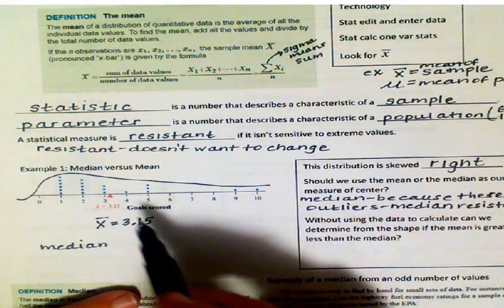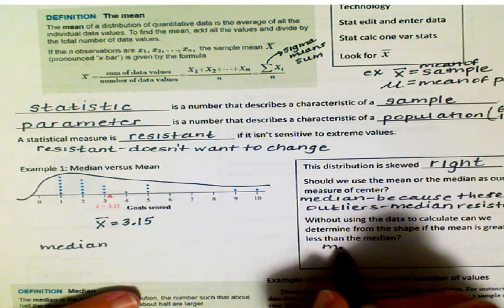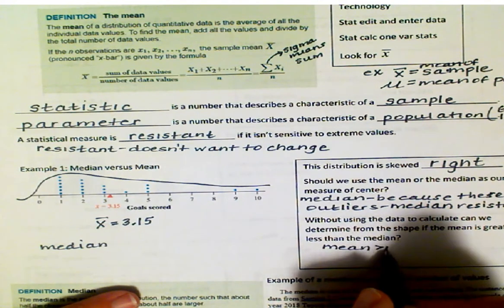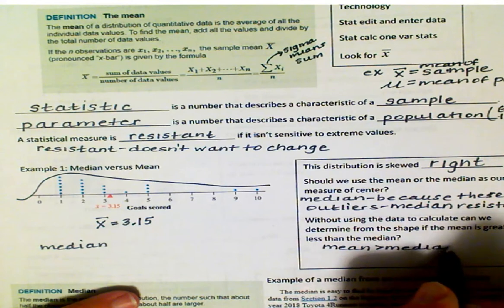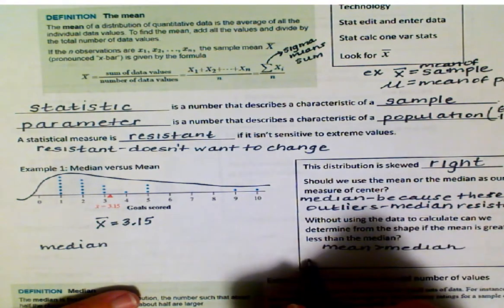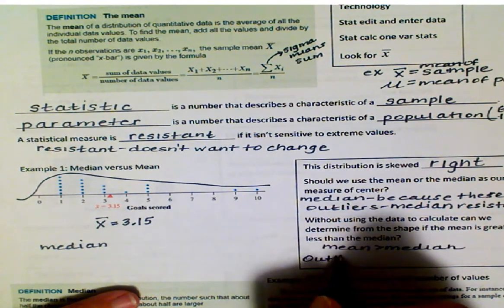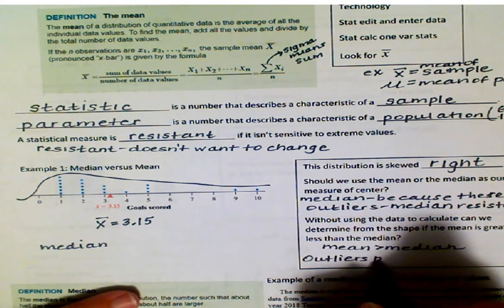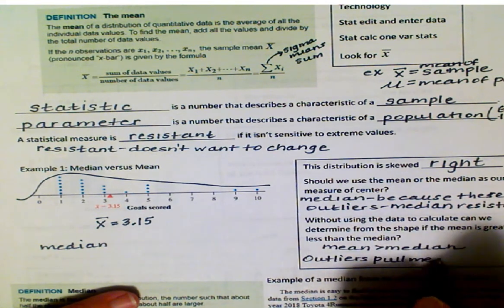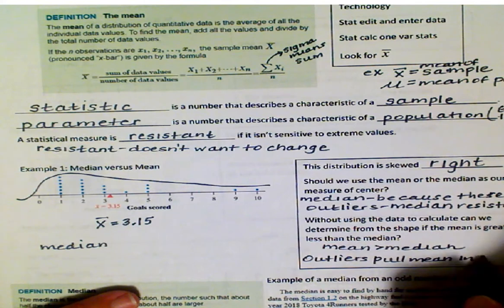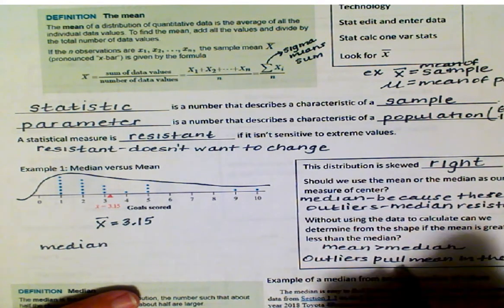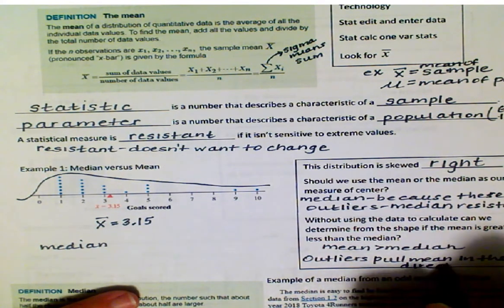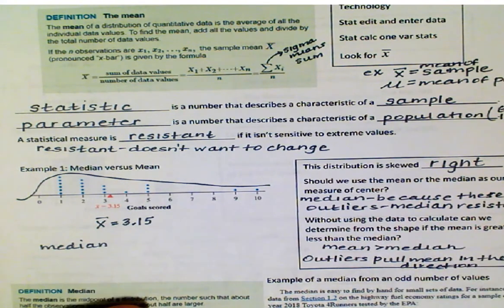We just talked about that. The mean on this one would be greater than the median. Outliers pull the mean in their direction.